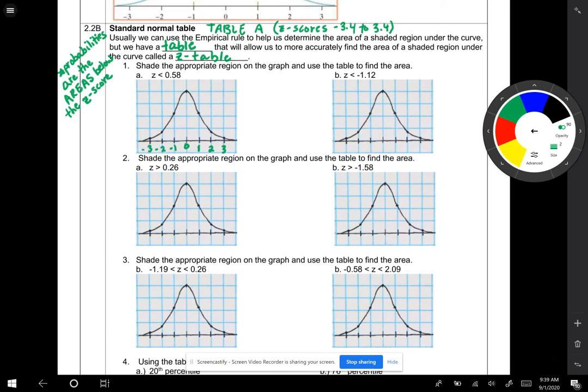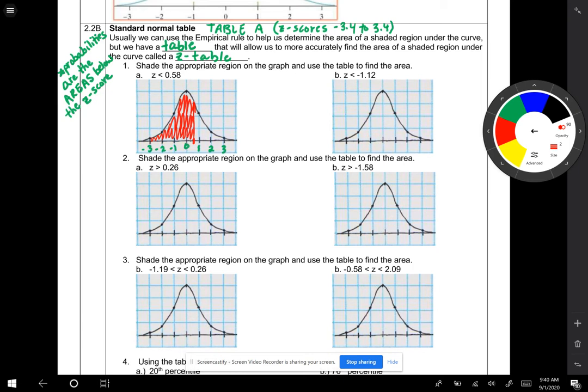And then we want to find 0.58, so it's going to be over here somewhere. You sketch it, draw a line, and z less than 0.58 would be right here. So this is the area we're interested in.